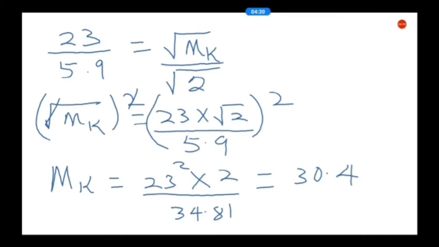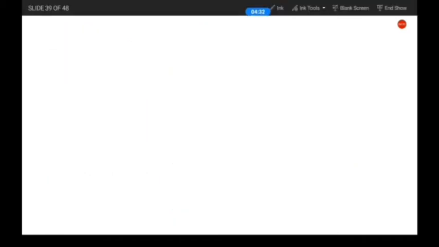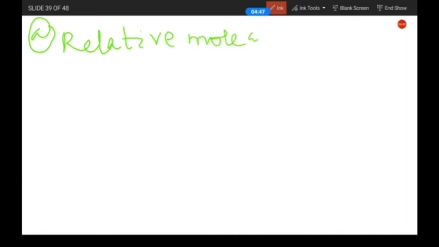We can approximate that as 30. So question A says we calculate the relative molecular mass of gas K. So the relative molecular mass of gas K is now approximately equal to 30. Remember, no units.